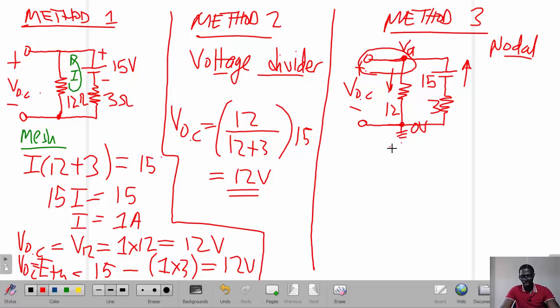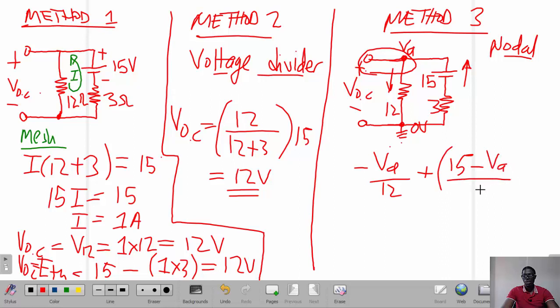So the sum of currents entering a node must be equal to the sum of currents leaving that same node. In this case, the current leaving here, I'll take as minus VA over 12, and that adds to 15 minus VA over 3.